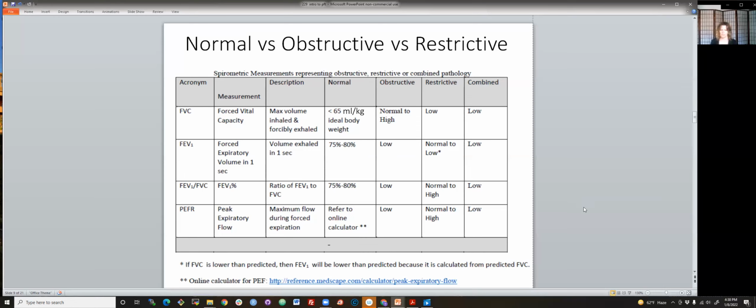I'm not going to give you a normal here because it's very dependent upon the device that you're using and other factors, but you do have an online calculator there if you'd like to play with that and get an idea. If there's an obstructive disorder, the peak expiratory flow will be low. If there's a restrictive disorder, it might be normal to high for the same reasons as the FEV1 to FVC ratio. If there's a combined disorder, it will be low.